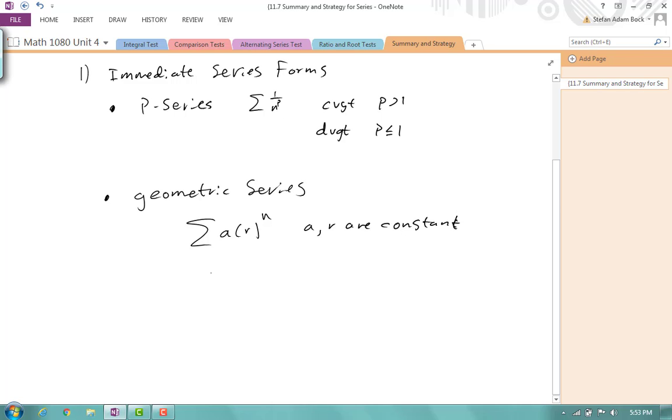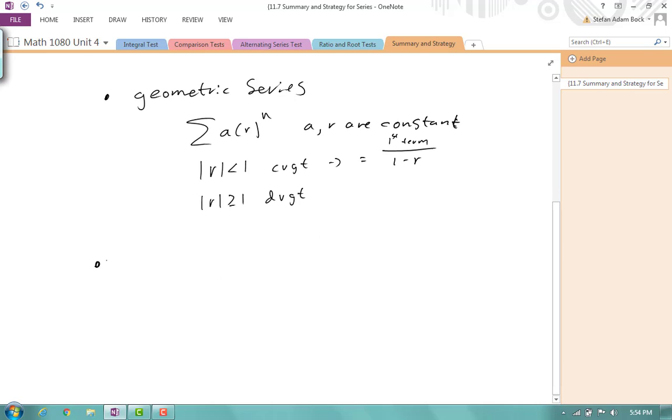And this is convergent if the absolute value of r is less than 1, and if r is greater than or equal to 1, then it's divergent. But if it's convergent, then I actually know that this is going to be equal to the first term over 1 minus r.